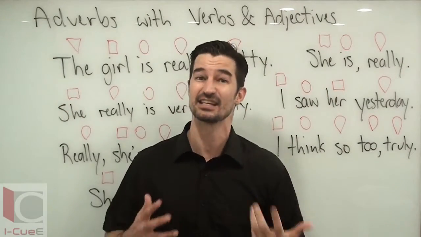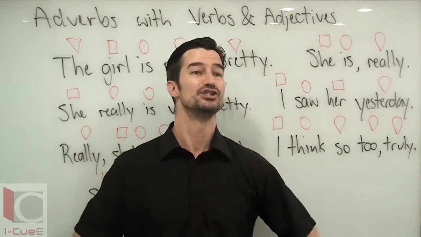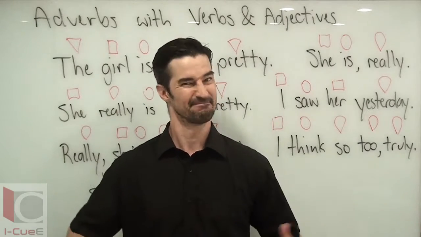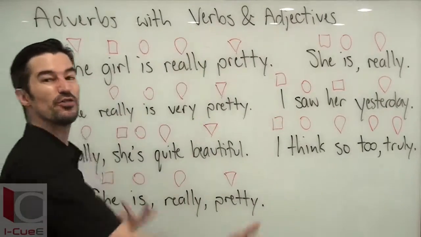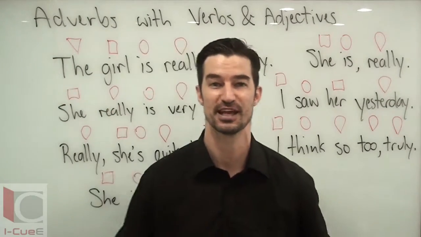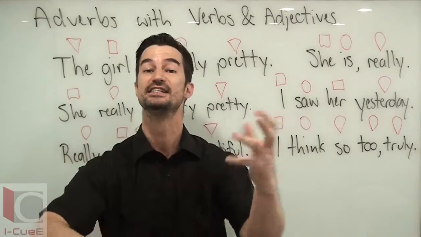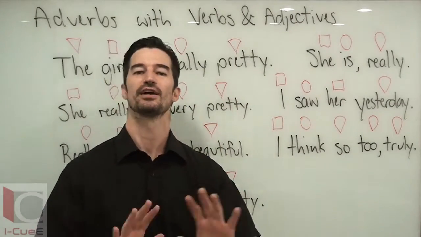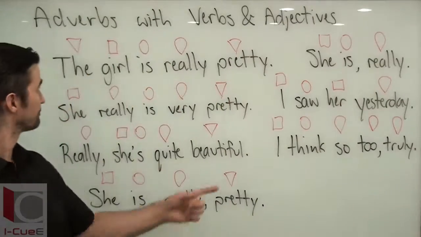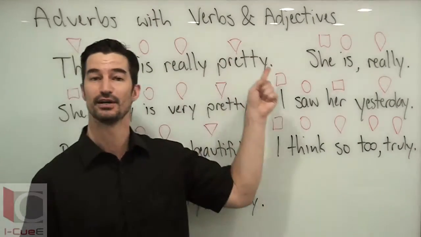We can't have a sentence by itself simply saying, she is. We need to know what she is. So this whole thing is kind of like a conversation. I want you to imagine different voices all agreeing, okay? And we're going to start again at the beginning. The girl is really pretty.